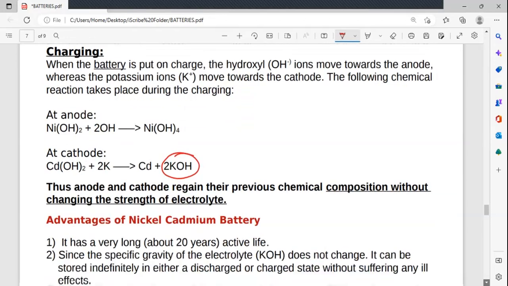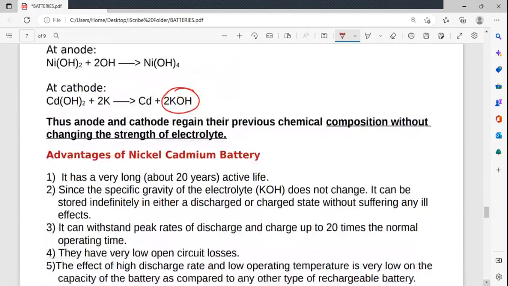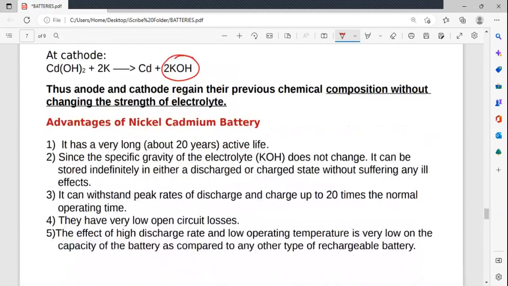Okay, so let us now see the advantages of the nickel cadmium battery. Just as I said in the high voltage class about the advantages of the SF6 circuit breaker, we saw the advantages were tremendous, but the disadvantages put it at a real disadvantage.